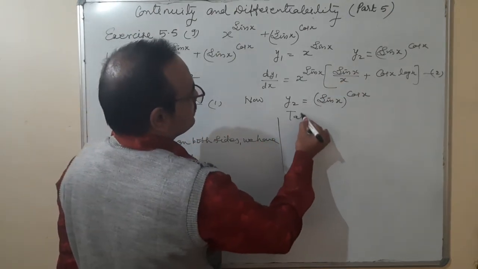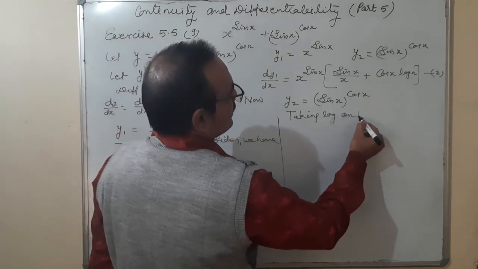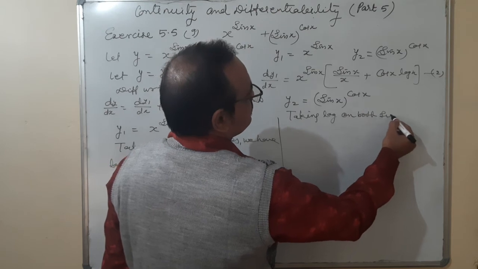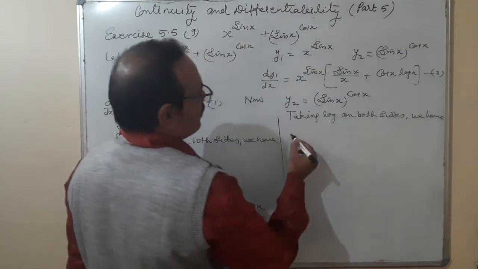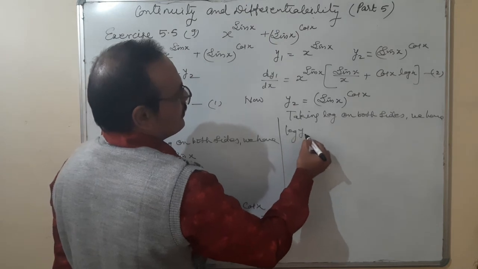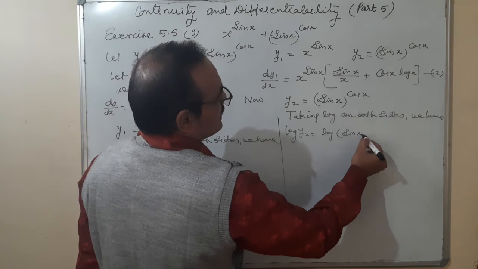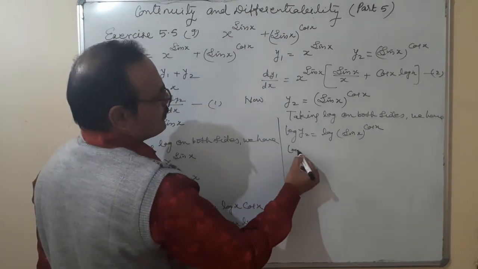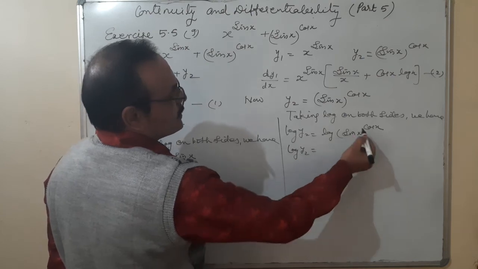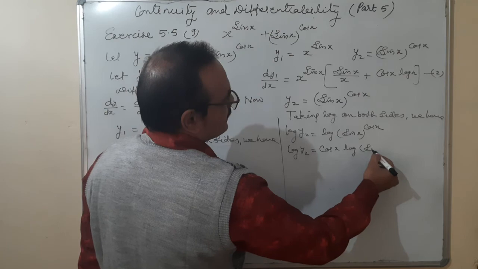Taking log on both sides, log y2 is equal to log sine x to the power cos x. That means log y2 is equal to cos x log sine x.